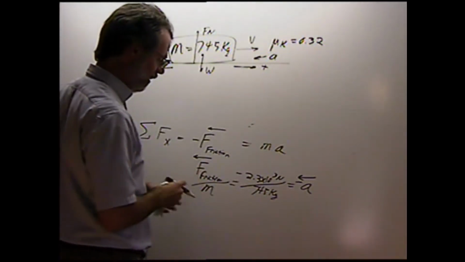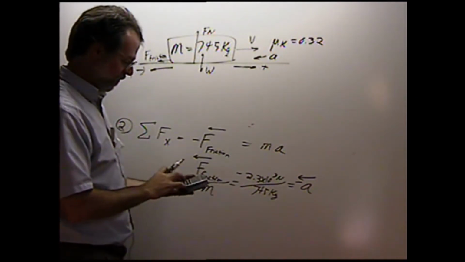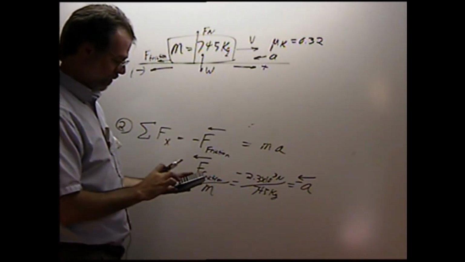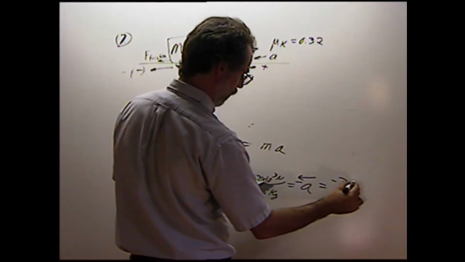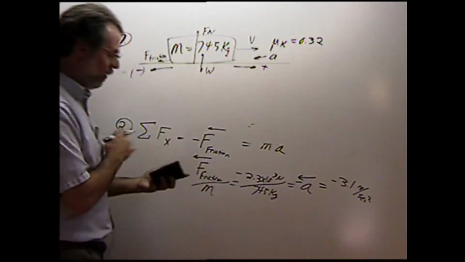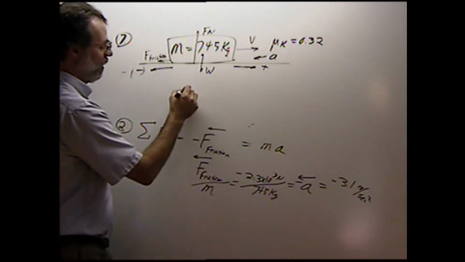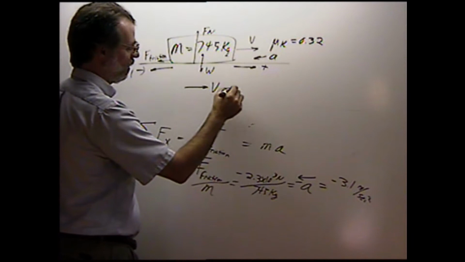Let's actually, just for the fun of it, calculate the size of this. And I get minus 3.1 meters per second squared. So what that means is, just as an example, it has a certain velocity this way.